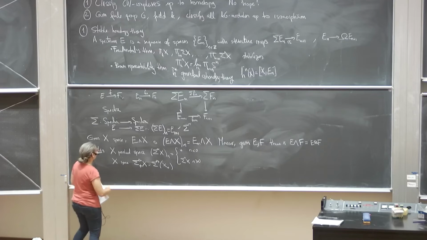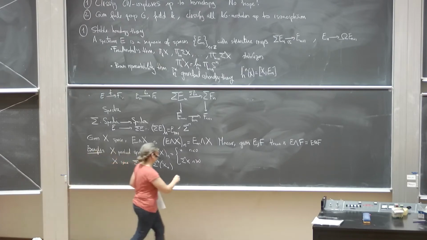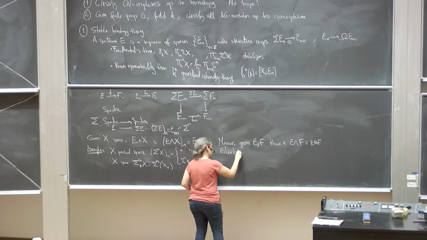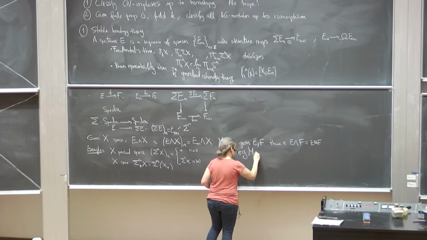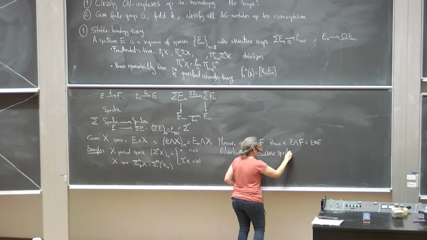And another example, I mentioned cohomology theory, so another example that will appear at some point is the Eilenberg-MacLane spectra.